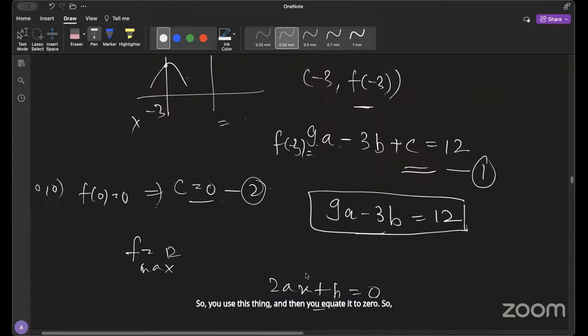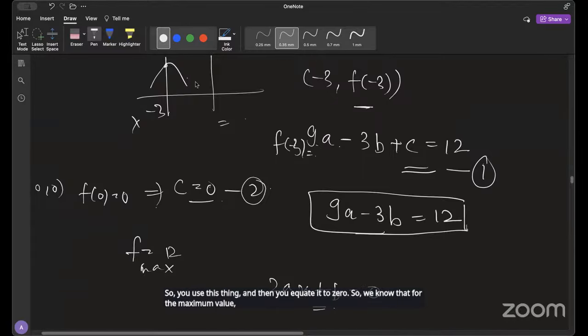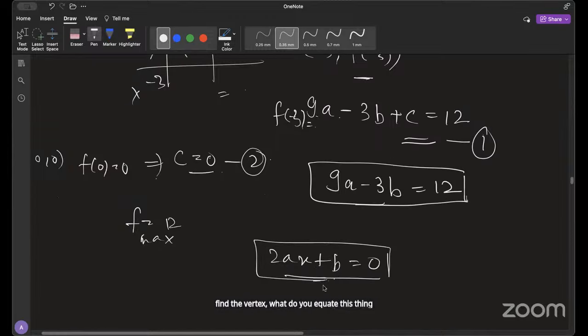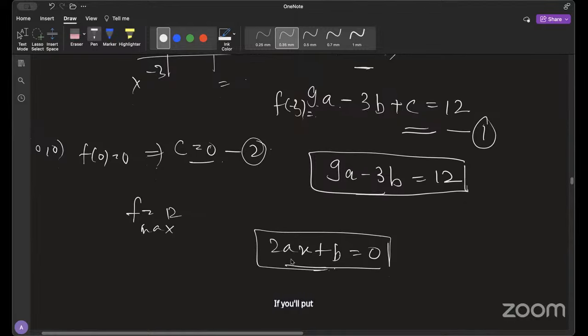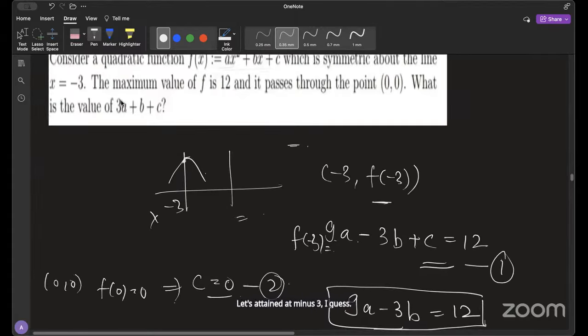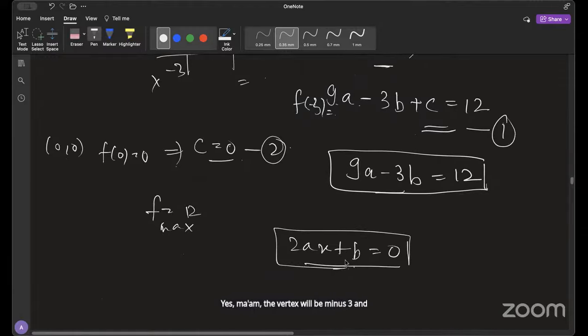We know that for the maximum value, we equate this to 0, to find the vertex. It's attained at minus 3, and yes, the vertex will be minus 3 and 12.